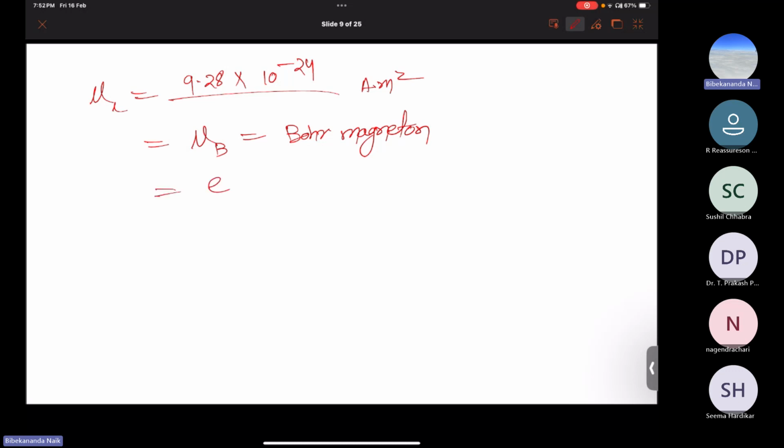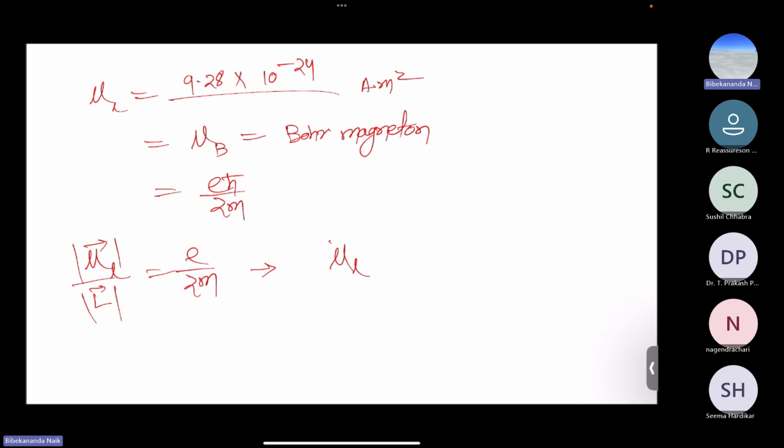The Bohr magneton is nothing but e h cross by 2m, because we know mu L vector by L vector is e by 2m.